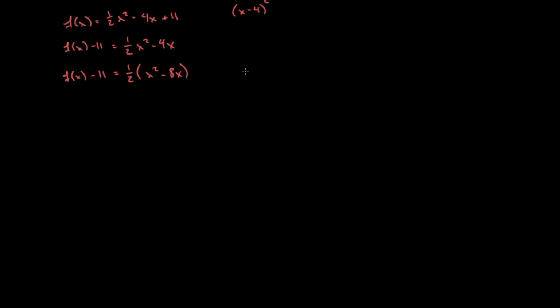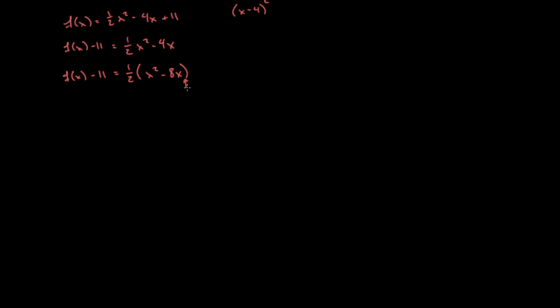Okay, so here's a little bit tricky part, and this is why we don't have to do it this way, but I'm going to do it just because I think it's slightly interesting. I'm going to add 16 to this side of the equation, but I'm adding 16 inside of my binomial here, inside my factor part.